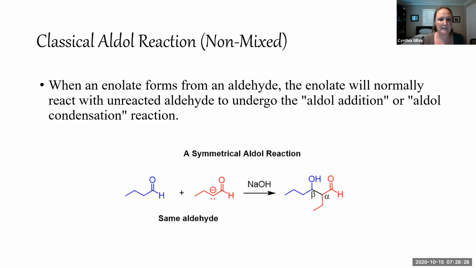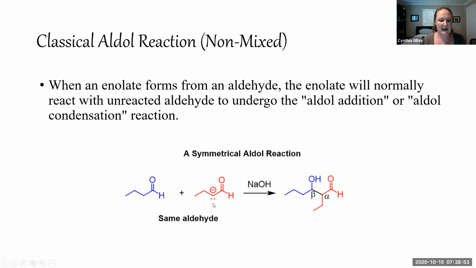Okay, let's talk a little bit about the classic aldol reaction. Classically, if you're not doing a mixed aldol reaction, you have a single substrate, and it's commonly an aldehyde because when you use an aldehyde, you get a higher yield of product compared to when you start with a ketone. So if you treat, for example, a simple aldehyde like butanal with sodium hydroxide, part of the aldehyde will get converted to the enolate.